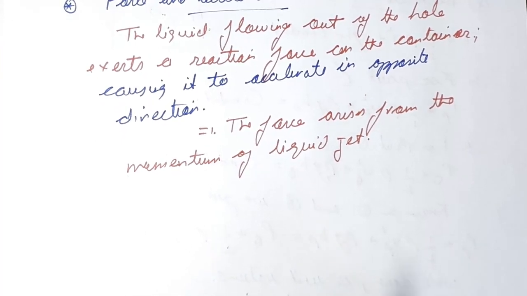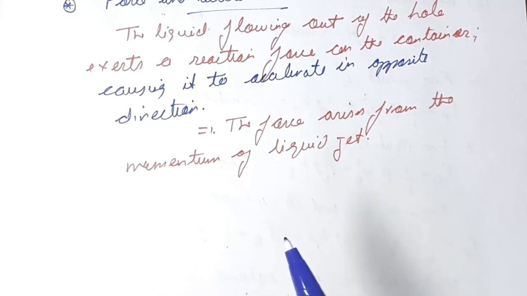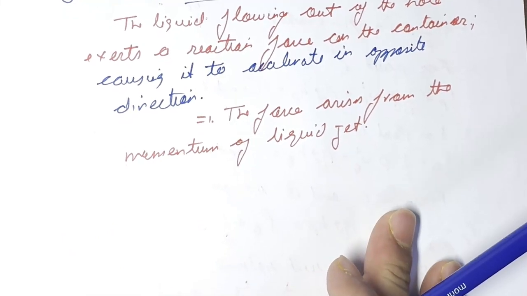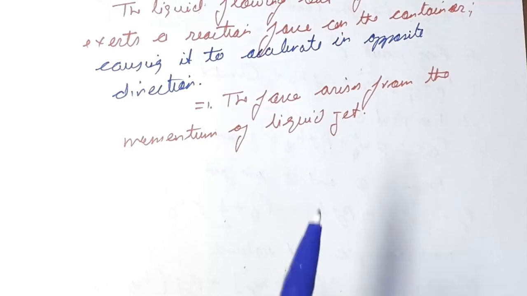So let us first find out the velocity with which the liquid is going to exit the hole, and for that we are going to use Torricelli's theorem.